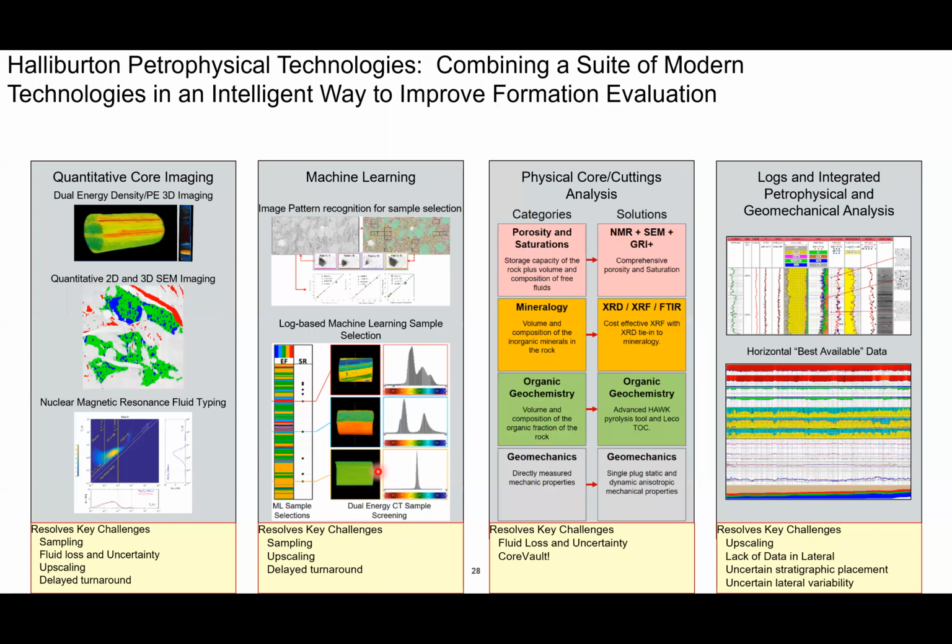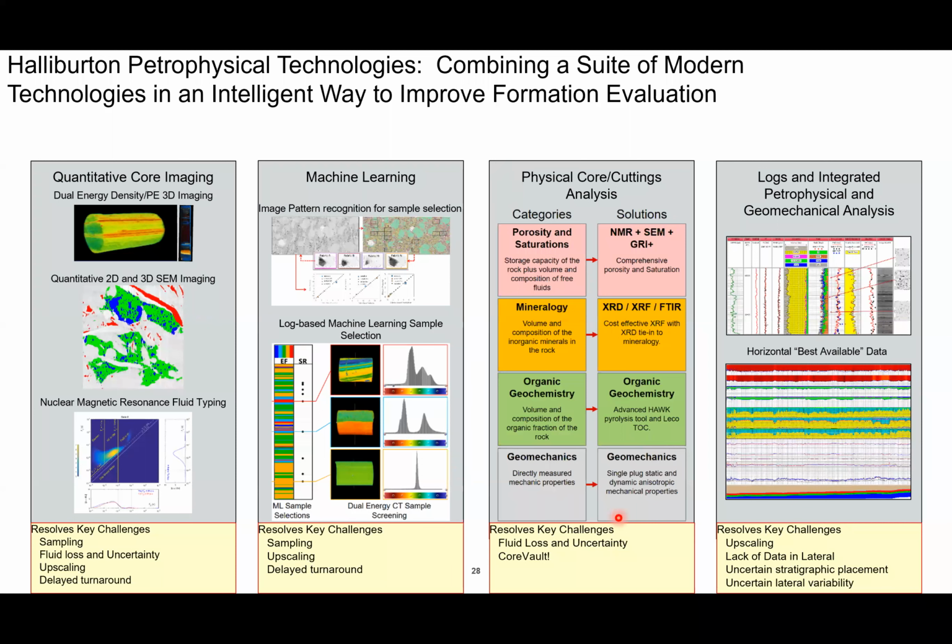And then the next level is using some machine learning applications to upscale that information, and then combining that with conventional physical core analysis data. For example, XRD and XRF are done using the conventional method, as is understanding the organics, the geochemistry of the organics, or the geomechanics.